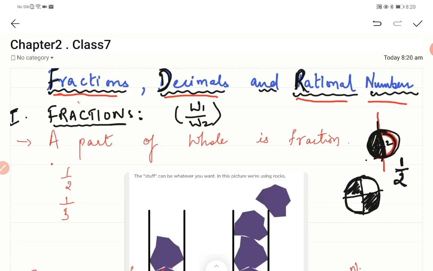Yes, so we are dividing it into 4. Just take 4 in the denominator. This whole we have divided into how many parts? 4 parts. So the shaded region is how much? 2, isn't it?